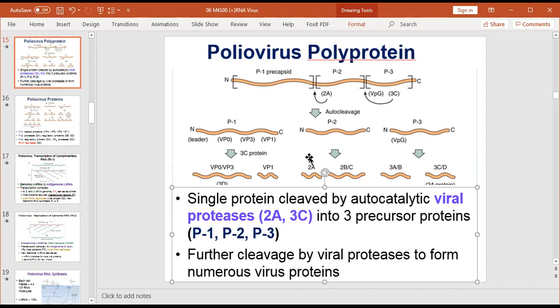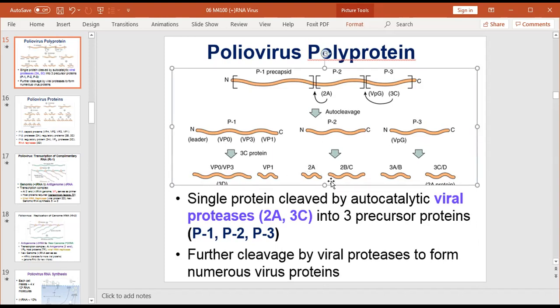P2 can be cleaved to make 2A, 2B, and 2C. 2A is a protease, so it participates in a positive feedback loop. Then P3 will be cleaved to make 3A, 3B, 3C, and 3D. Remember, 3C is again another protease. So this process will continue itself.